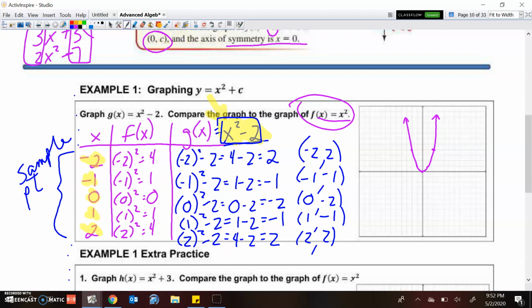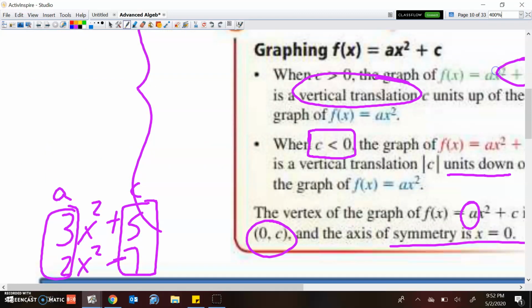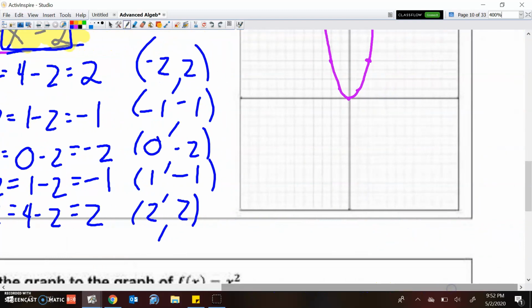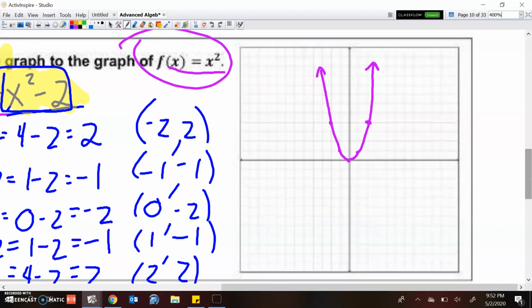Okay? All right, so I'm going to zoom in again just so that we can graph this more accurately, and those points will show up nicely on our graph. So I'm going to go ahead and plot these points. Negative 2, 2: negative 2 to the left, up 2. Negative 2, let's just start over for those so I don't confuse you.